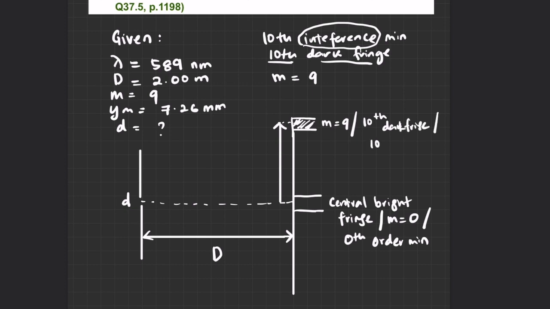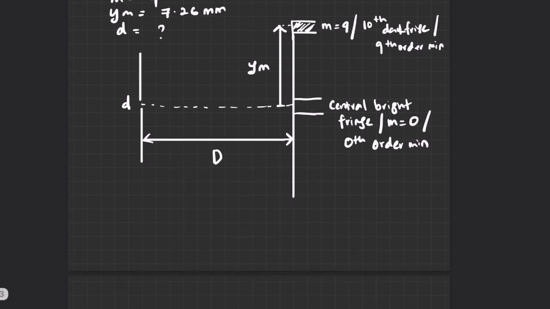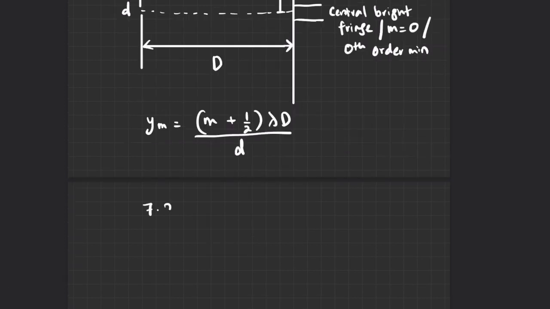And then we know that we will use the equation for the dark fringe. Because the question says minimum is observed, so we use ym equal to (m plus half) lambda D over d.